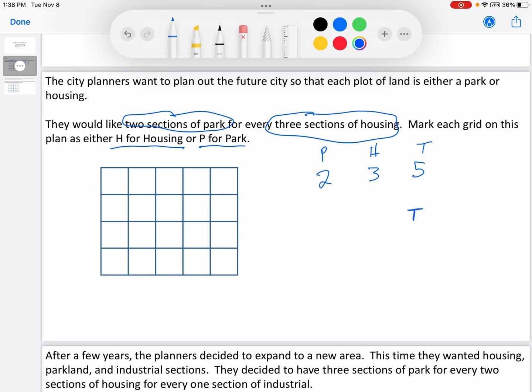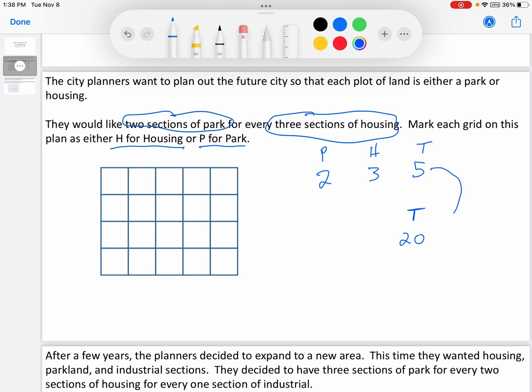Now we have this grid here that we're going to be distributing these into. So we'll worry about the total first. The total number of grids is 1, 2, 3, 4, 5. 1, 2, 3, 4. 4 times 5 is 20. So there are 20 total grids that we are assigning to. So now let's figure out how to assign them.